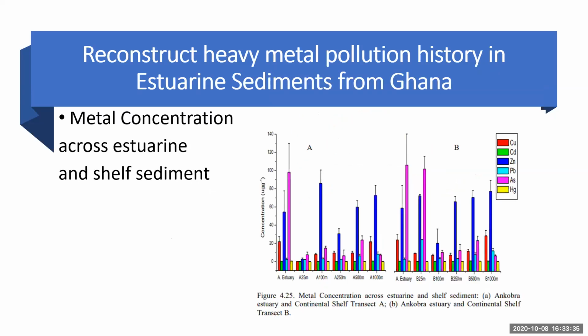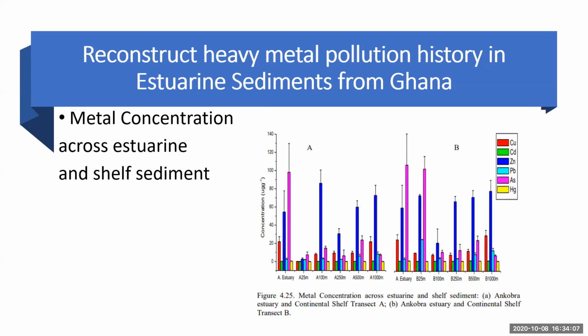So comparing what we found in the estuary to the shelf sediments, you can actually see that the levels that we found, especially at the mouth or at the shallowest depth, are not too different from what we were seeing in the estuary. And let me clarify that these shelf samples were taken from the western coast.